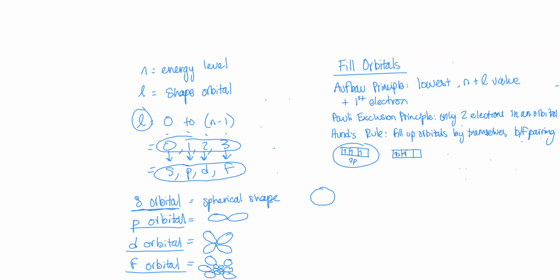So I guess we'll just clear this. Okay, I'm going to do a drawing here. It's just going to be a low-down drawing of the periodic table, but stick with me, it'll make sense.